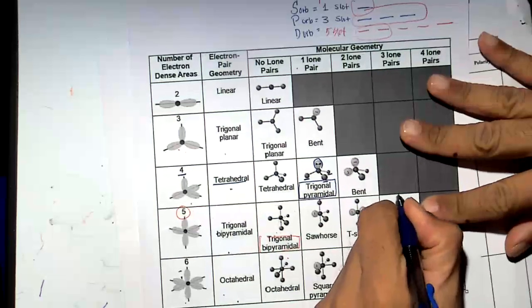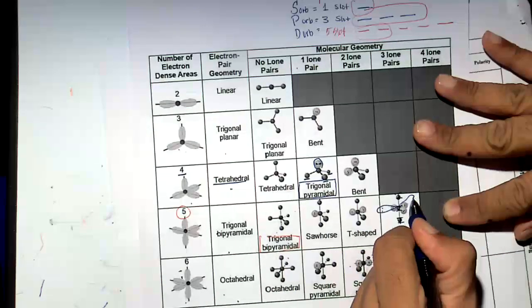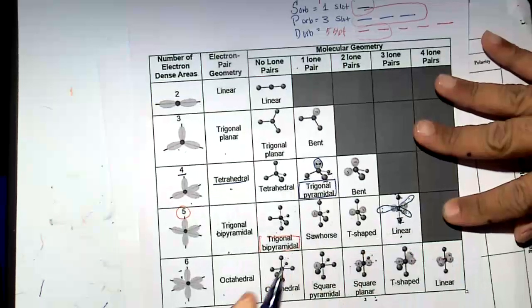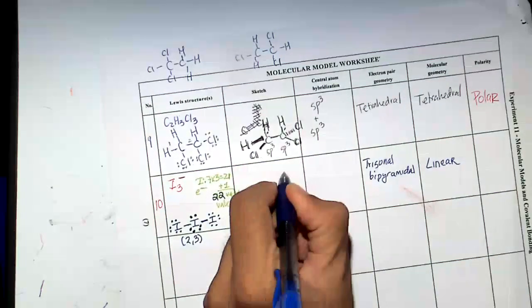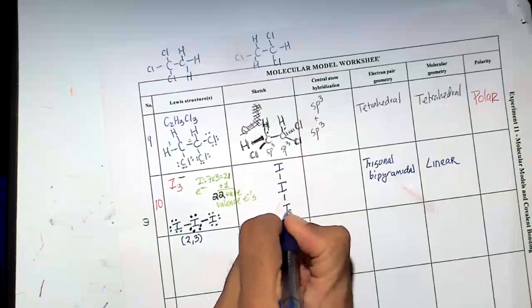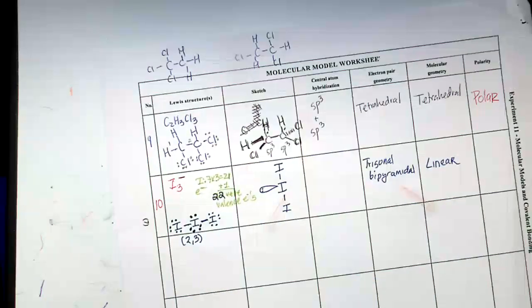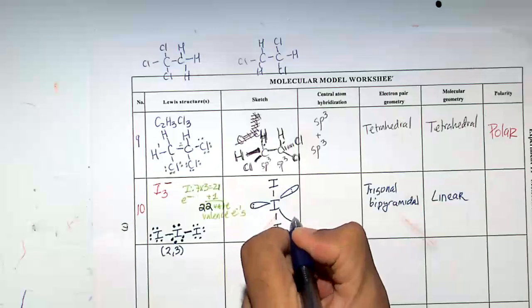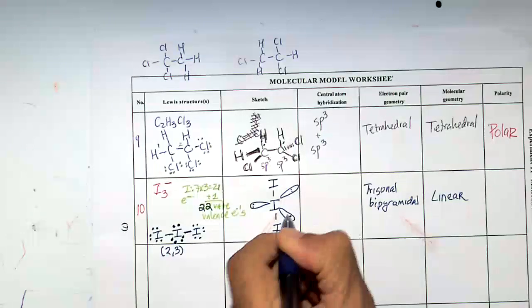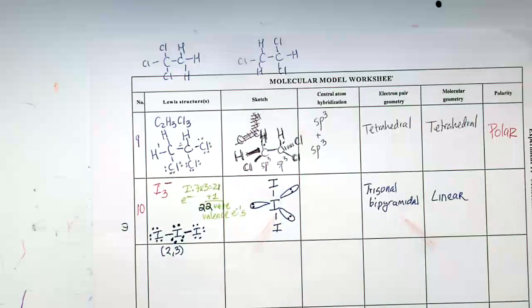Here's my I. I have one I going up, one I going down, one lone pair straight to the left or to the right, a second lone pair at an angle, and a third lone pair at an angle. And that would be what it looks like in 3D. It looks like a straight line.